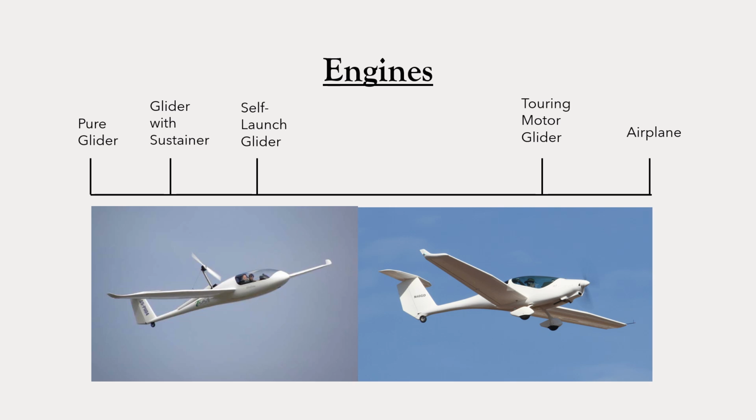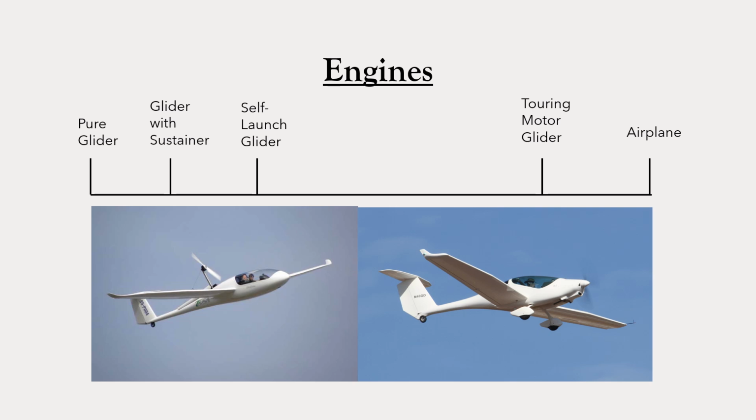A next level along the spectrum is gliders that have sustainer engines. The Discus that we have at the club is an example of a glider with a sustainer engine. That means that the engine is sufficient to help the glider climb if it gets low while out soaring.